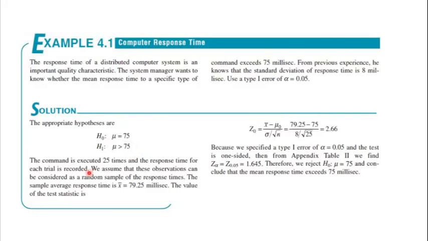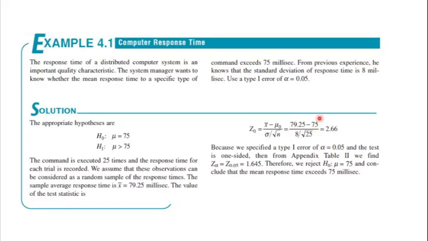So, for this command, we have yung value as yung x natin, which is we have the 79.25 milliseconds. So, gagamitin lang natin siya dito sa given na meron tayong 25 for the sample size, and 8 for the standard deviation, x bar or yung sample natin is 79.25 and yung mean natin.